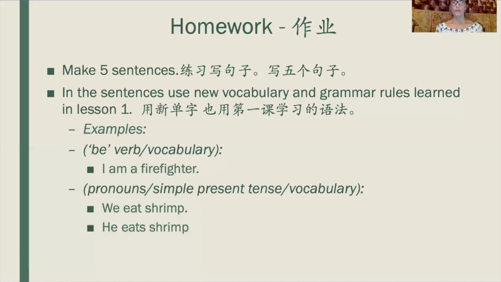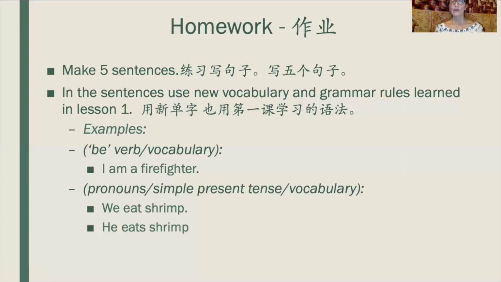Or you could write sentences where, if there's a grammar rule, you change a verb, because he cries, I cry, he cries, 他哭了.